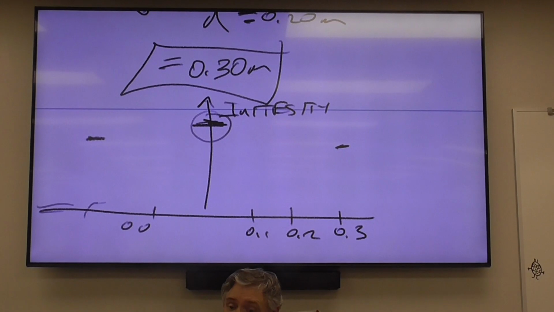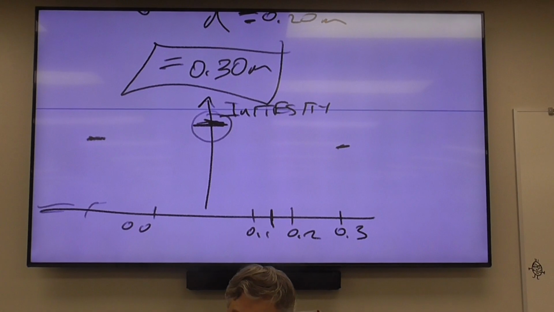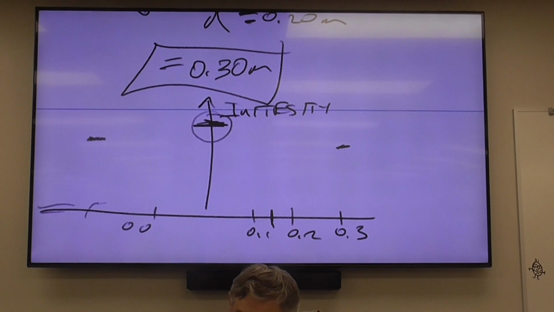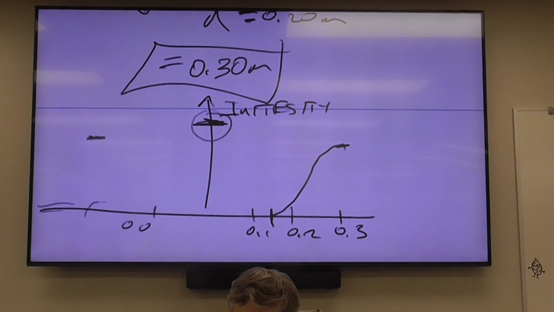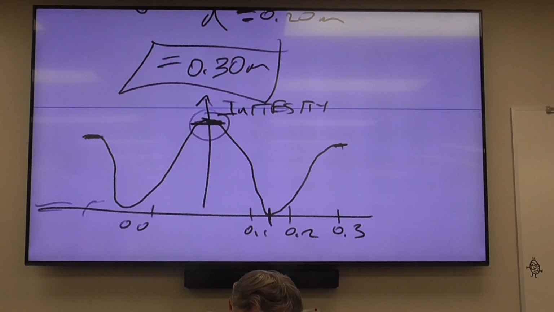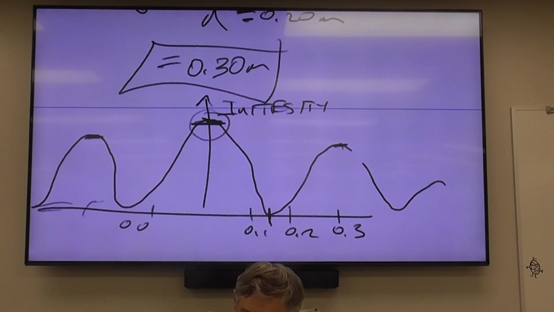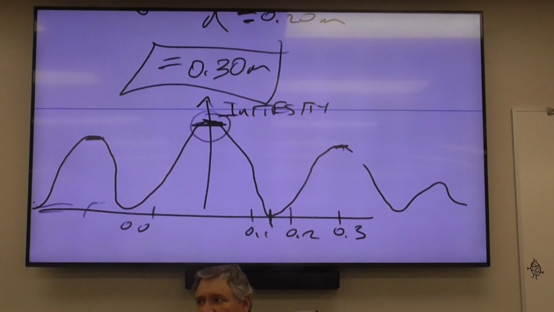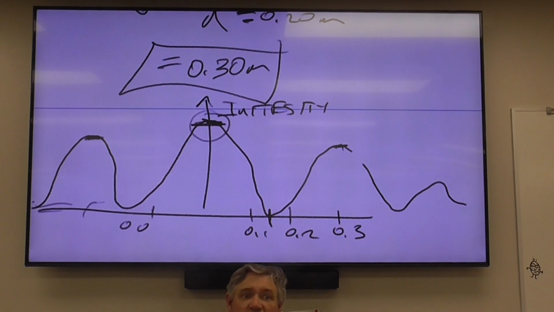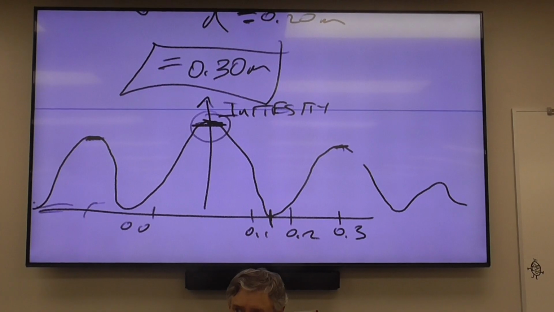At half. So if this is 0.3, at 1.5 your intensity is going to go to zero, so this graph is going to go something like this, and keep going out like that. So what that 0.3 tells you is the distance to the next maximum.